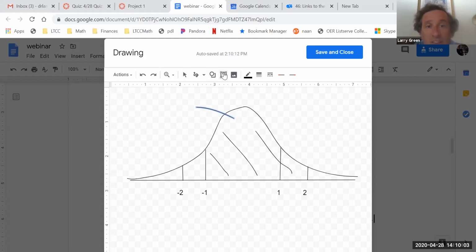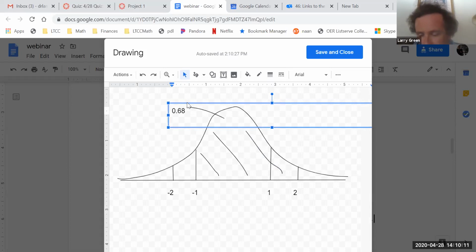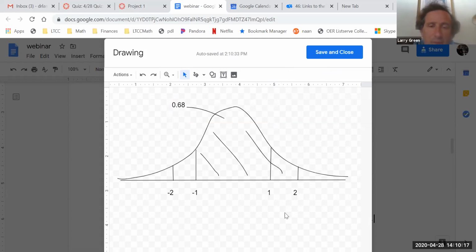Yeah, that's 0.68. So I can label that as 0.68. And what we need to find out is this bit of data between 1 and 2. If we add those two, we'll get between -1 and 2. Does everyone see that from the picture?